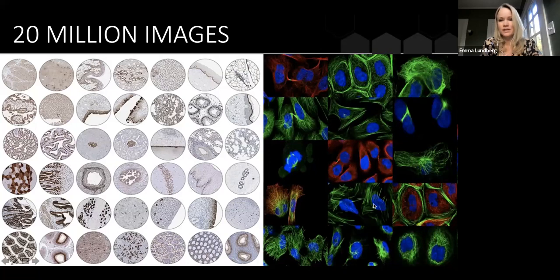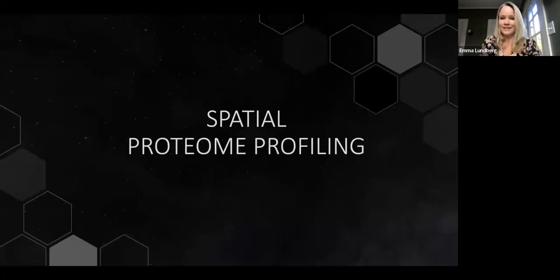And to the right, you see fluorescent images outlining the subcellular expression of proteins. And today, I will mainly focus on the right side of this talk, the subcellular partitioning of proteins. And starting with basically the spatial aspect, and then I'll move into temporal aspects and finally end with computational approaches.